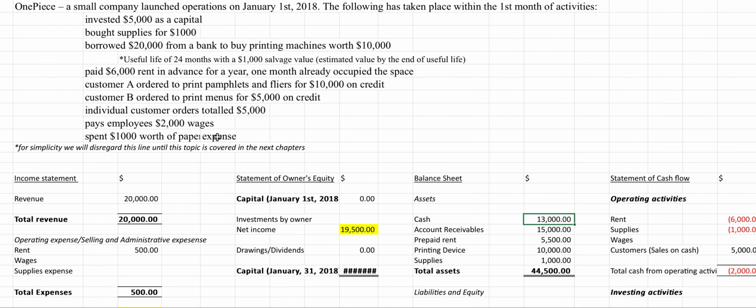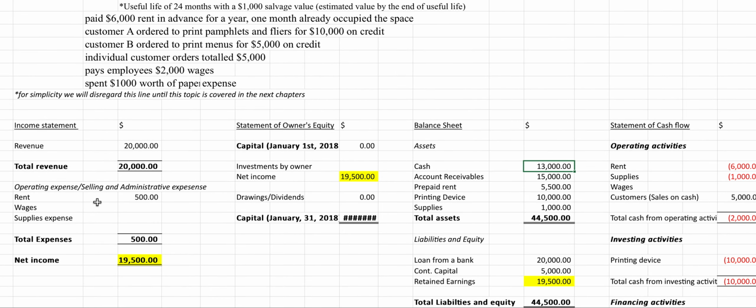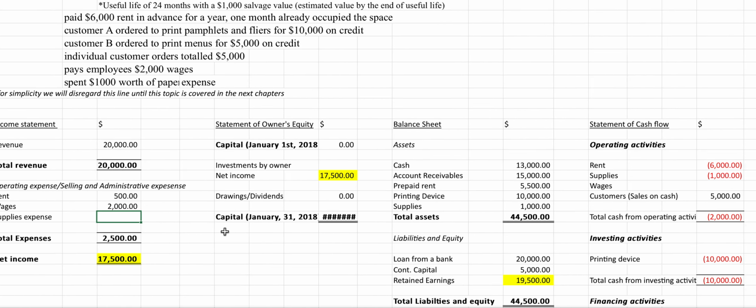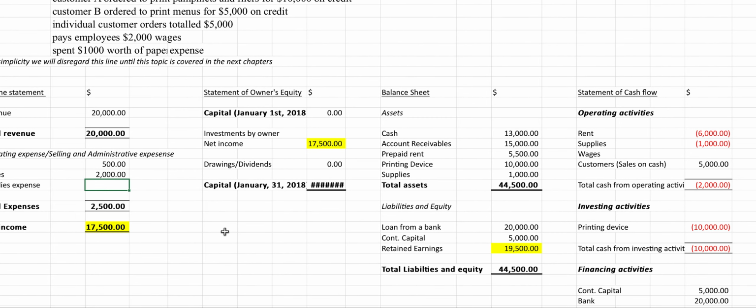Next, moving to the two more transactions, we have pays employees 2,000 wages. So we've paid our employees 2,000 wages, and that's our expense, and we recognize expenses in the income statement. Now wages are recognized right here. What does the expense do to our accounting equation?